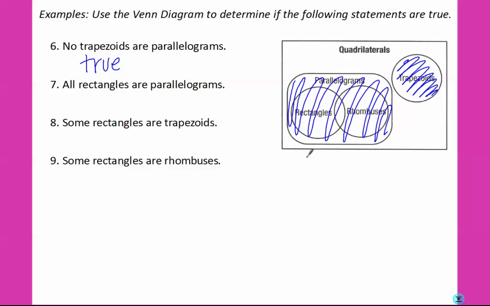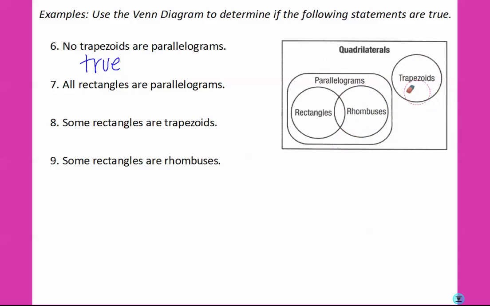There are no trapezoids inside the parallelogram circle. Next, all rectangles, so our whole rectangle circle, are parallelograms. If this is true, the entire rectangle circle will be inside the parallelogram circle, which it is. So this is also true.